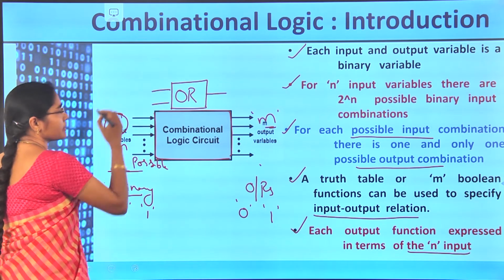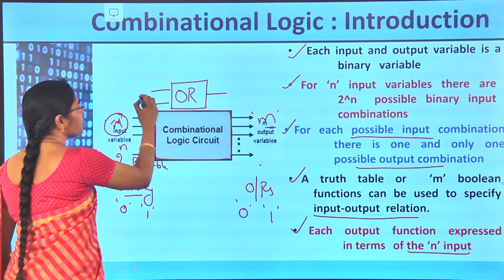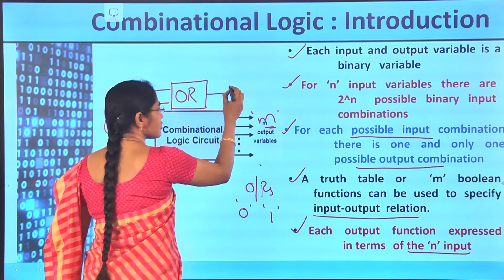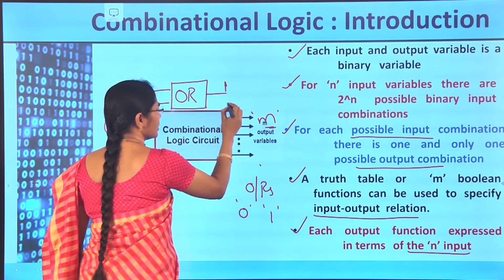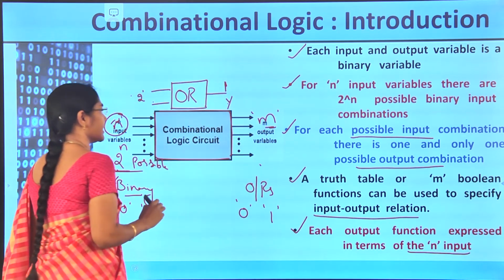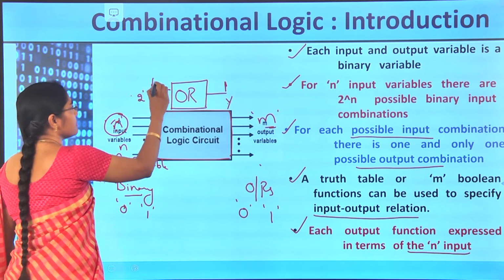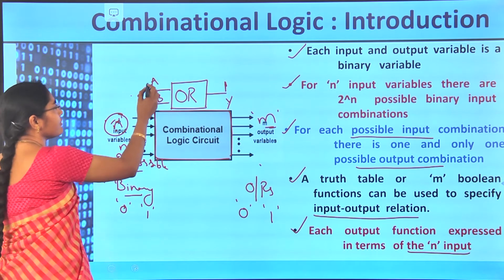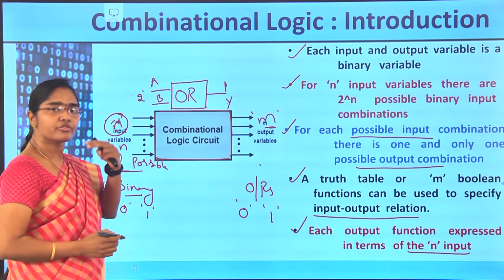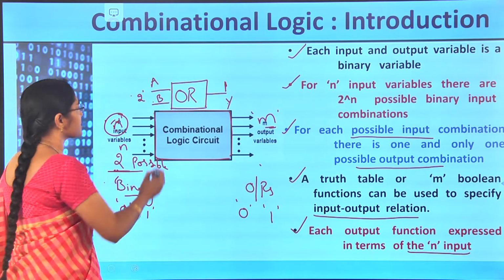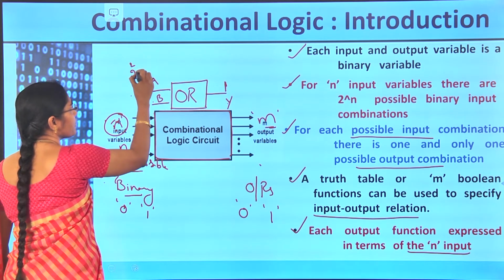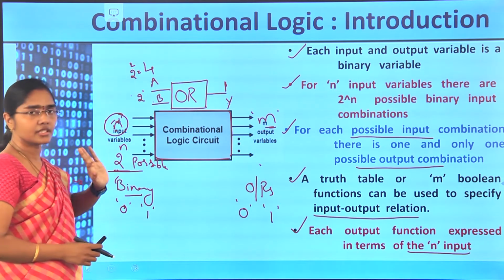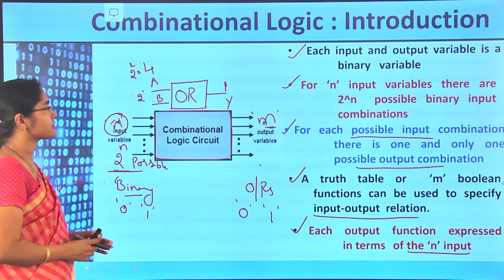These 2 inputs are Boolean variables, and the output is also a binary variable. Let us take the output as y and the inputs as a and b. Since we have 2 inputs, there are 2 power 2, that is 4, possible input combinations.